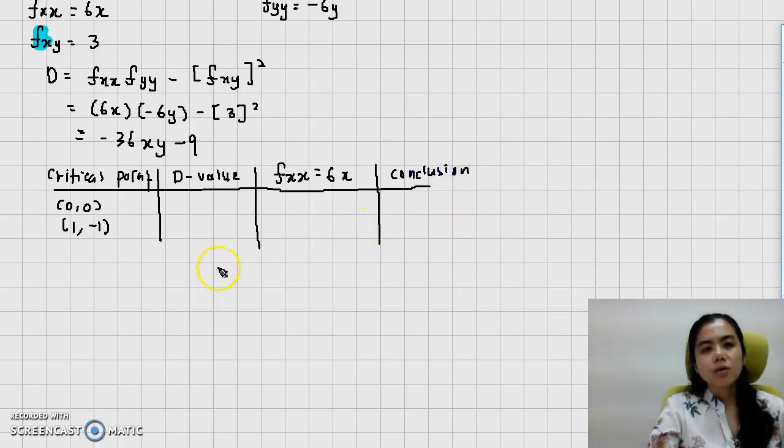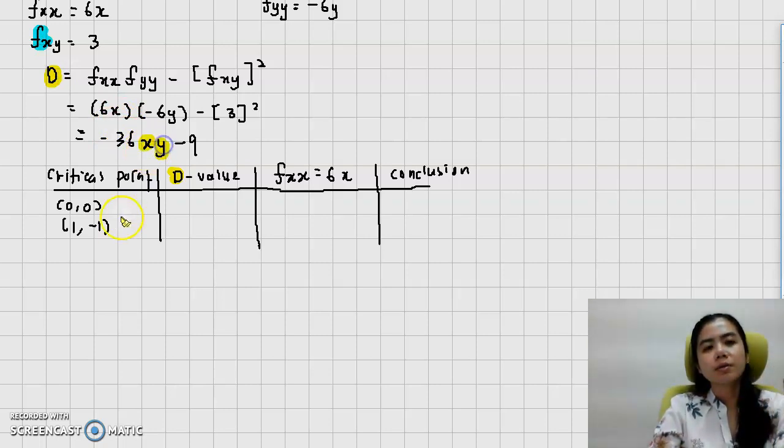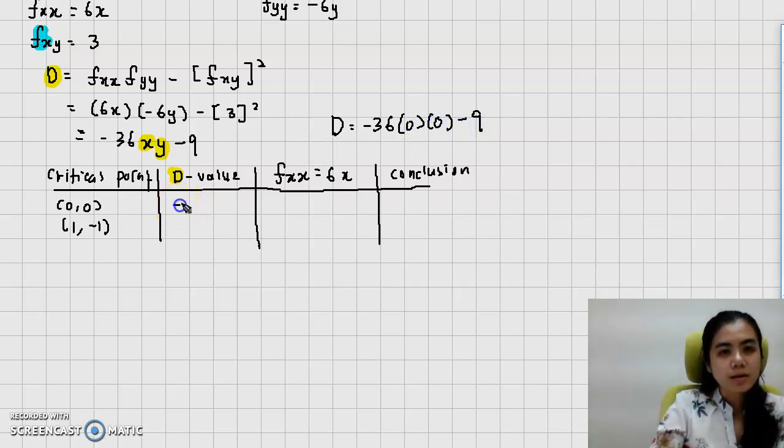Okay. So let's do the substitution. Let's look at the D value. The D value is obtained from the equation D. Substitute the values of x and y in here. Look at the critical point. For the first critical point, x is 0, y is 0. You will substitute here, so D is basically negative 36 multiplied with 0, minus 9. So you have minus 9.